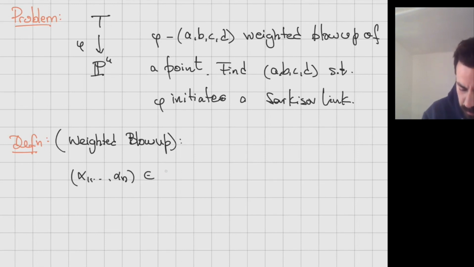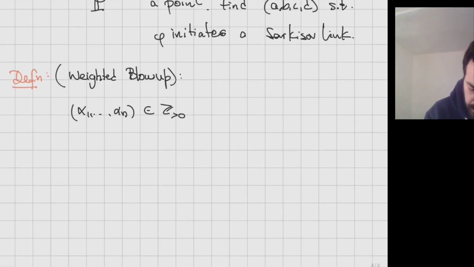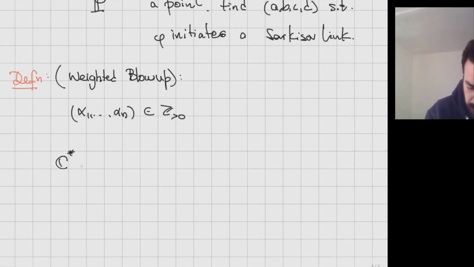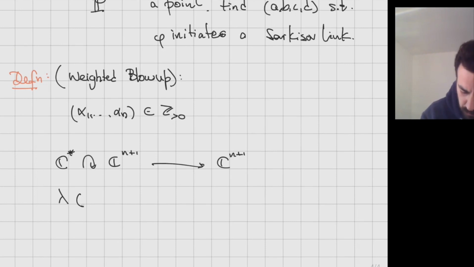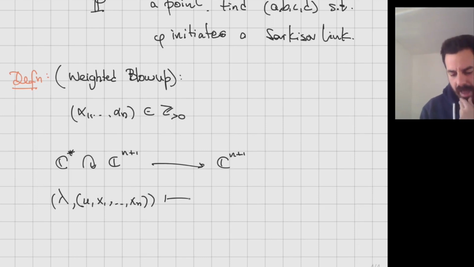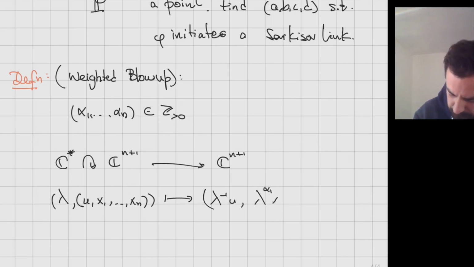Suppose that you have an n-tuple of positive integers, okay, and you define a C star action on C^(n+1), which goes like this, lambda to the alpha_1 x_1 up to lambda to the alpha_n x_n.